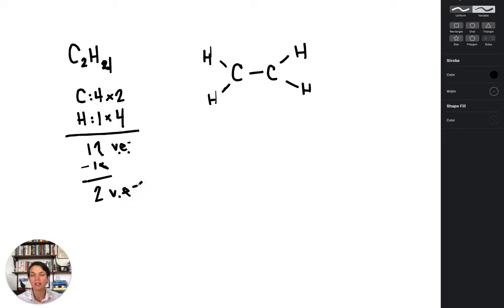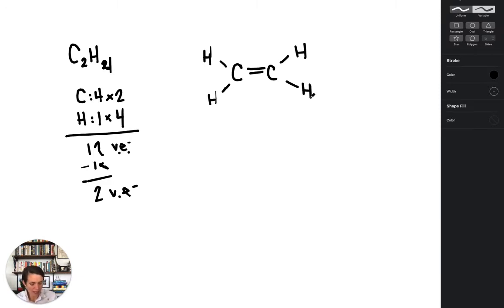Notice every one of my hydrogens has one line drawn from it, so I know that they're done. Carbon is not happy. They only have 6 valence electrons each. I'm going to use a double bond in order to fulfill everyone's octets, right? So each carbon has 8, each hydrogen has 2. Very exciting.